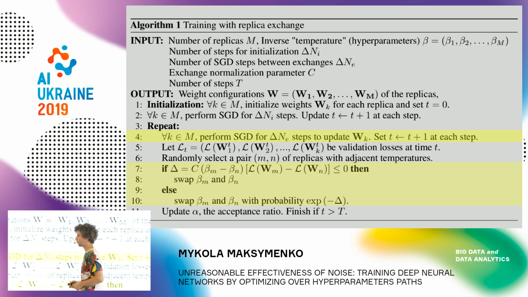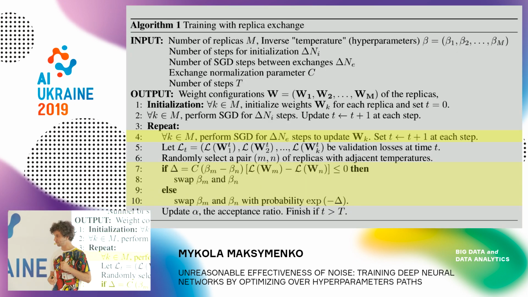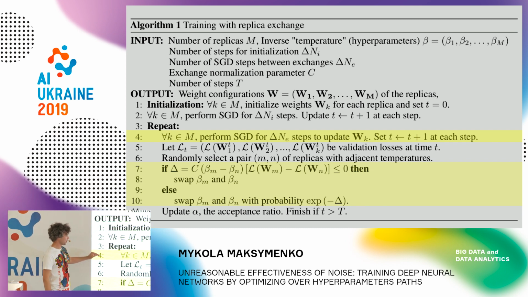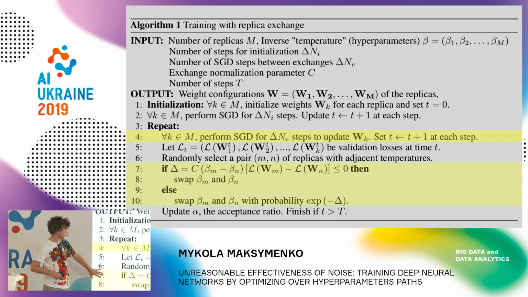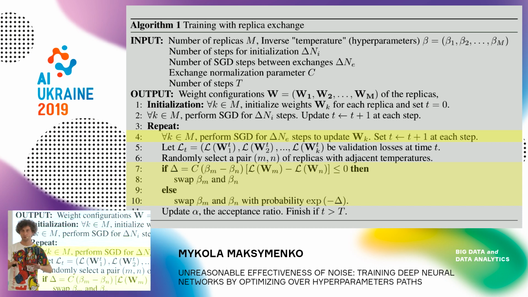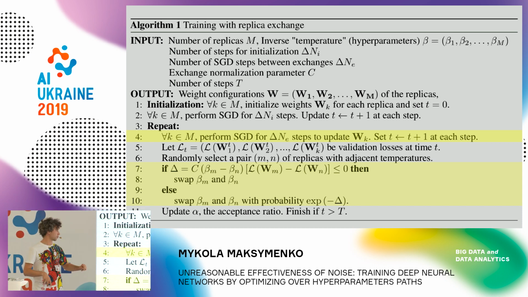So in algorithmic form, it looks like this. It's a more hardcore slide here, but you should focus only on these two parts. Here we perform standard gradient descent for each copy. And here we define the rule for swapping the hyperparameters. Every number of epochs, we measure the average loss of these networks.